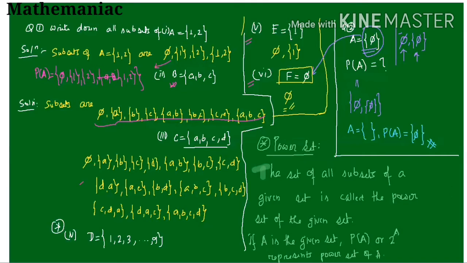Now I'm going to the next board. In the next board, we are going to discuss the operations. But before we discuss the operations, we would like to tell you that we have something called the Venn diagram.